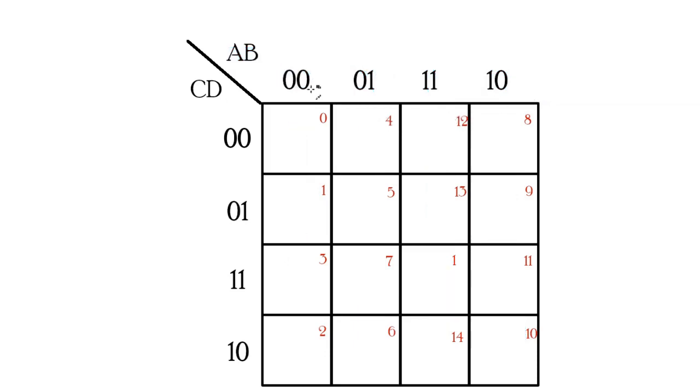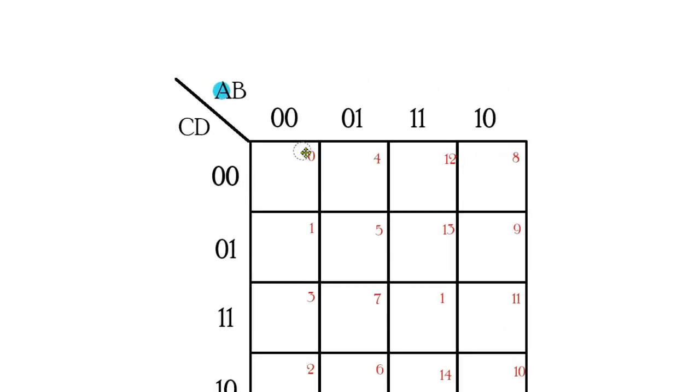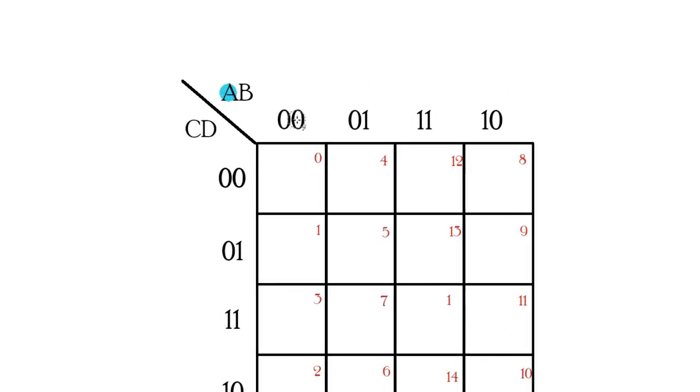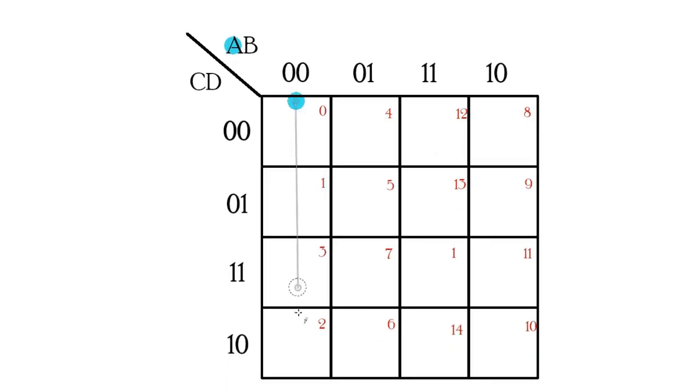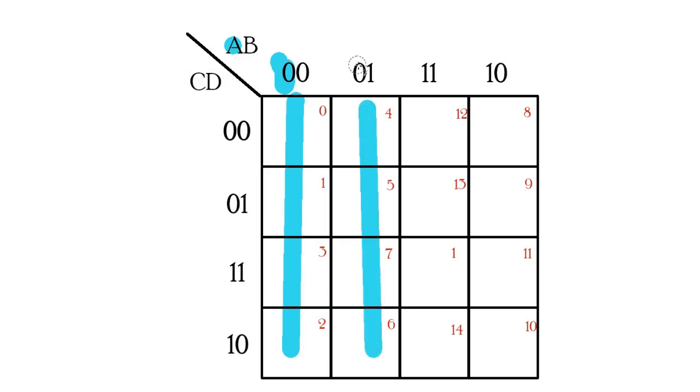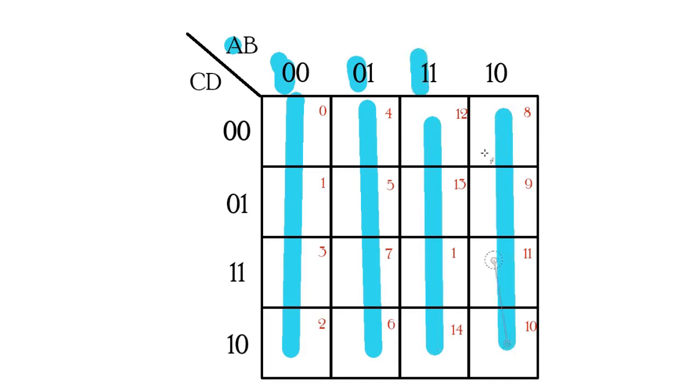So, for example, if you wanted to see, let's say, take A, right? So A, in this column, A is 0, right? In this column, A is 0. In this column, A is 1, and in this, A is 1, right?